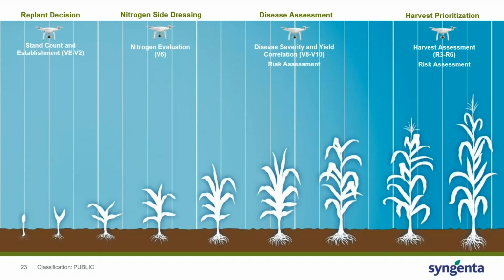So which fields are going to be ready to harvest first, how uniform is the maturity of the field, and then also that risk assessment part looking at green snap, lodging, and any other weather damage. We have been flying at these times, collecting data to help build the algorithms that in the future we hope to deliver through this system using imagery.